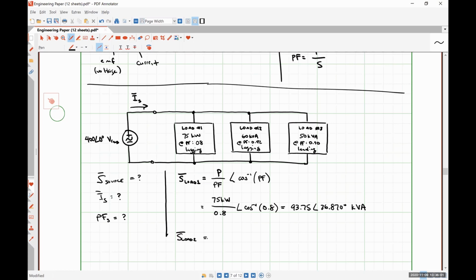So how is that going to change our equation that we used for load 1? It says 60 kVA, kilovolt amperes, where the volt ampere specifically is the unit of apparent power.